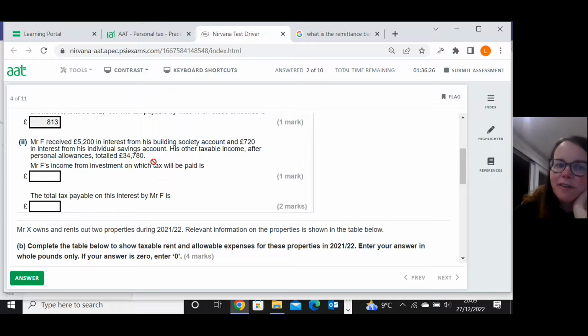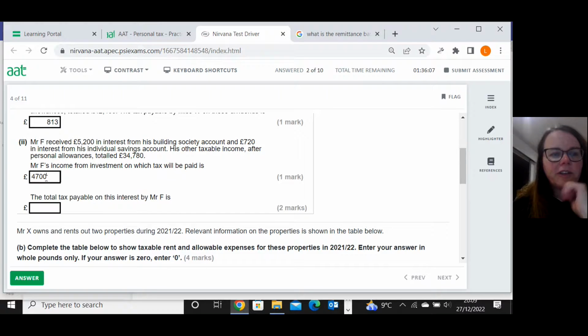So that means that he would have a savings allowance of £500. So this bit's not too bad. His income from investment on which the tax will be paid will be the 5,200, subtract the 500, which is 4,700.